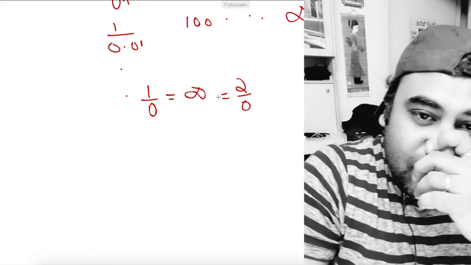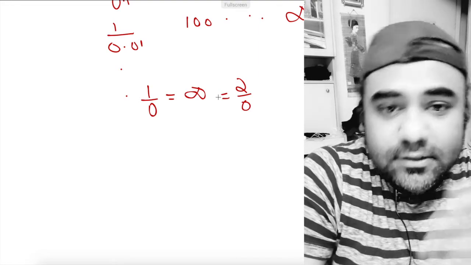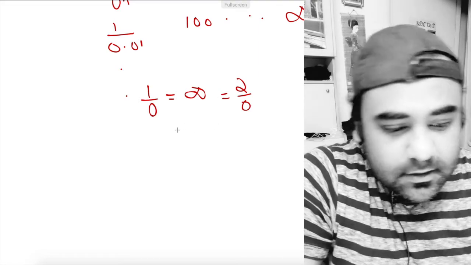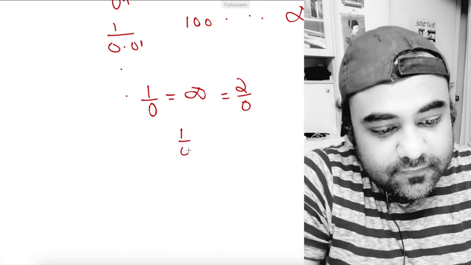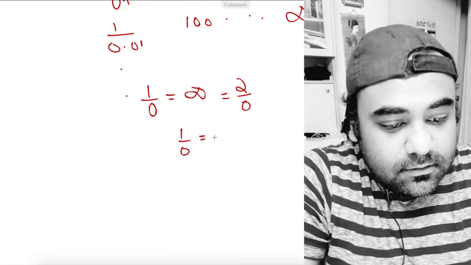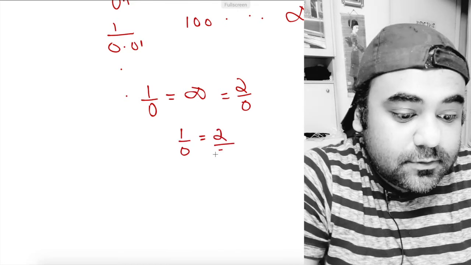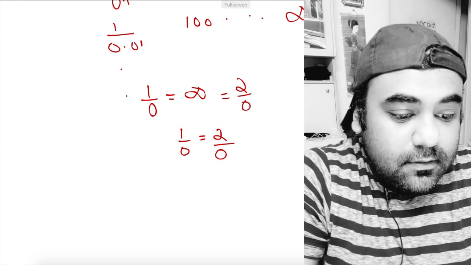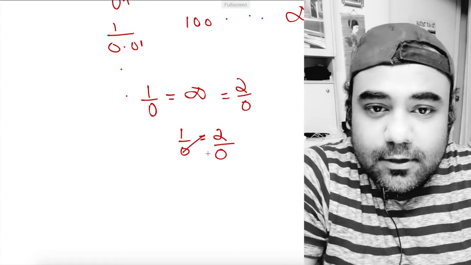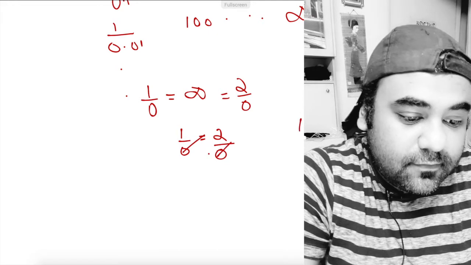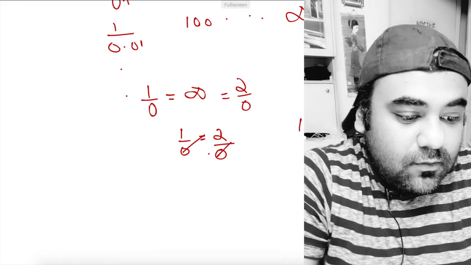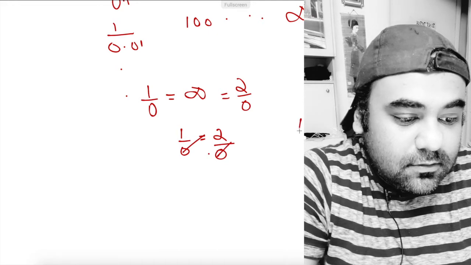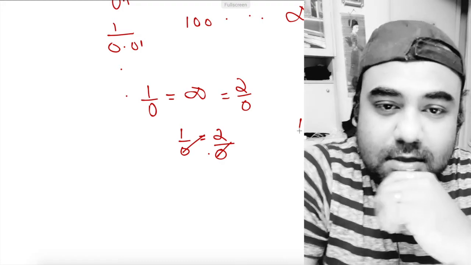So if A is equal to B and B is equal to C, then A is equal to C. As simple as that. So using that approach, 1 divided by 0 is equal to 2 divided by 0, right? Same denominators, then you cross multiply, and you get 1 is equal to 2.